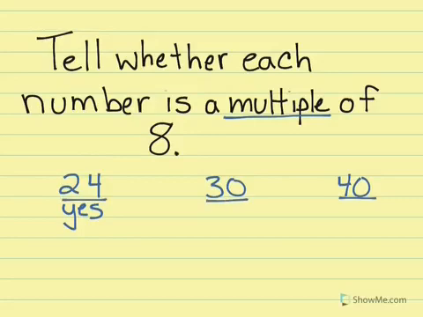Let's try it with 30. 8, 16, 24, 32. I did not say 30, so no, 30 is not a multiple of 8. Let's try 40. 8, 16, 24, 32, 40. Yes, 40 is a multiple of 8.